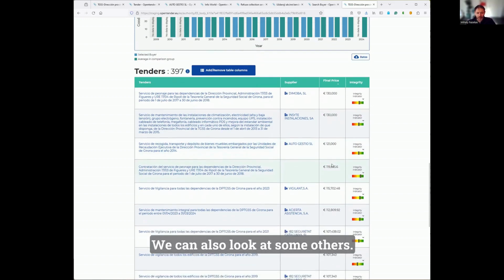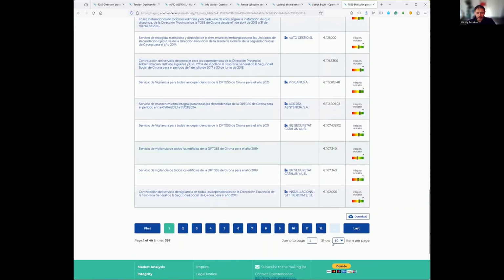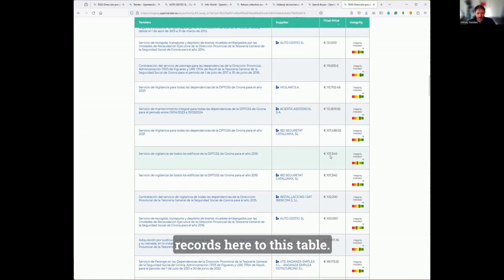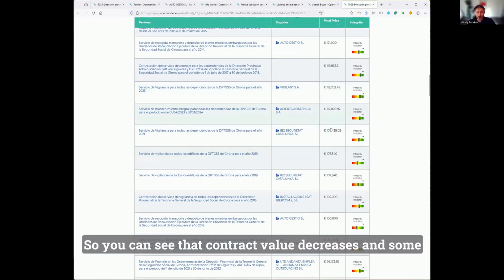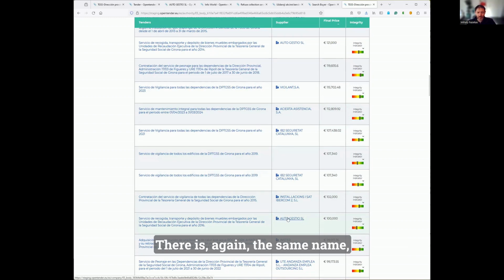We can also look at some others. I can add more records here to this table. So you can see that contract value decreases and some of the integrity indicators will be higher or lower. There is, again, the same name, the car company with a very low integrity, but very high value contract.